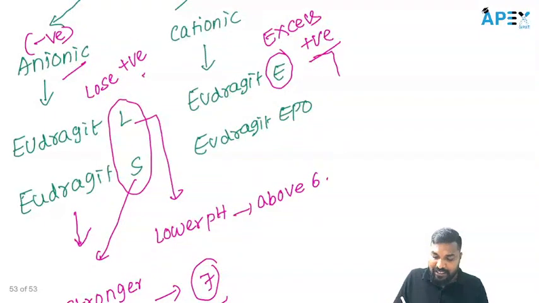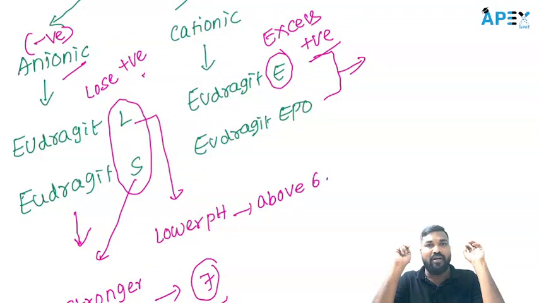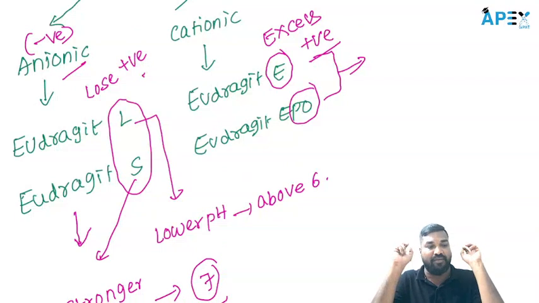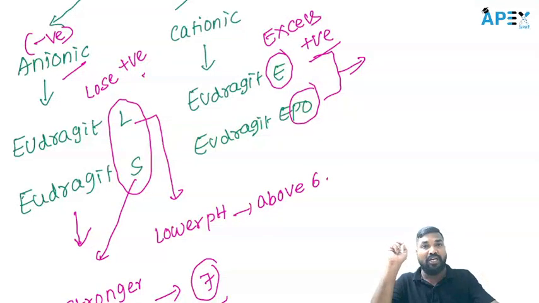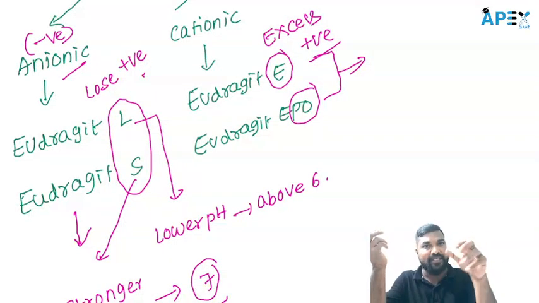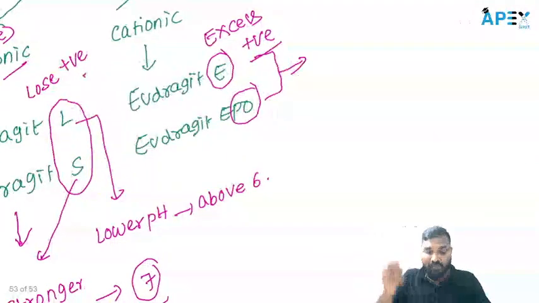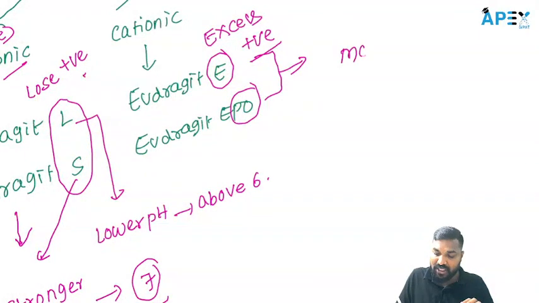Coming to Eudragit E and EPO. The name itself suggests EPO is for protection. These cationic polymers are for protection. E means cationic, PO means protection. Protection from what? Protection from moisture.